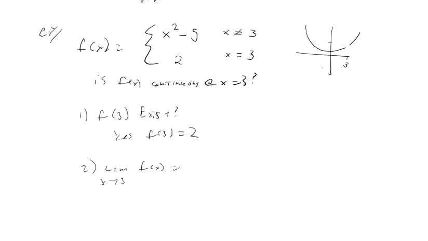And we have a blank at 3, this blank hole. But the limits are the same for both sides. It's the same equation on both sides. The limit going this way, the limit coming this way. So really what I'm doing is trying to find the limit as x approaches 3 of x squared minus 5.